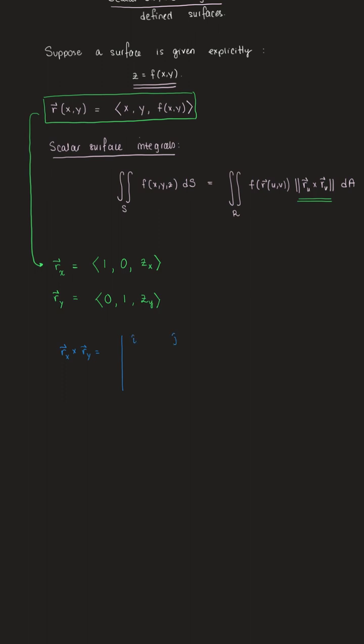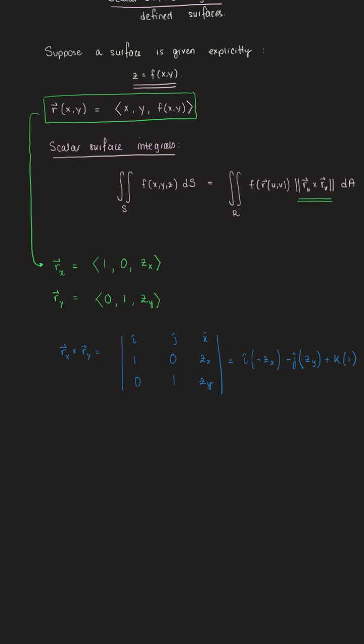So here we have i, j, k, and our cross product is going to be, well, we have 1, 0, partial of z with respect to x, 0, 1, partial of z with respect to y, and this is going to give us i. That's going to be a negative partial of z with respect to x, minus j, and that's going to give us a positive partial of z with respect to y, plus k, and that's going to be a 1.